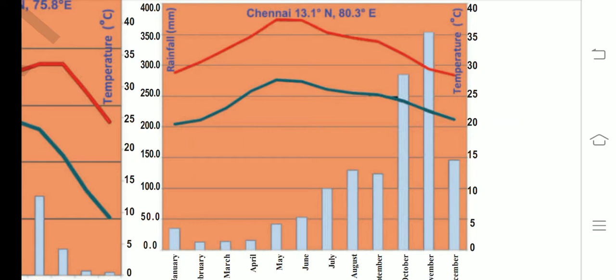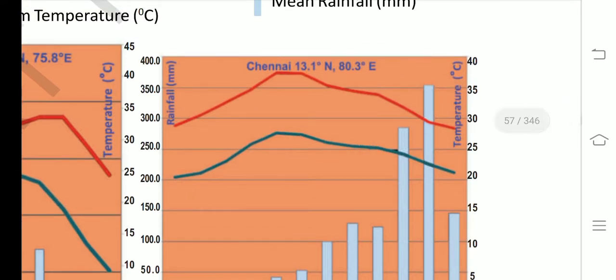So there is a 5 degrees centigrade temperature difference, right? And here, 28 to 36, near about 8 to 9 degrees centigrade difference. That is also very less.